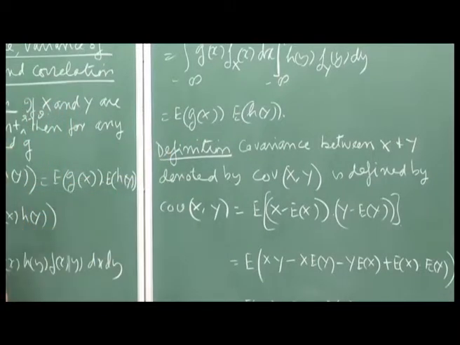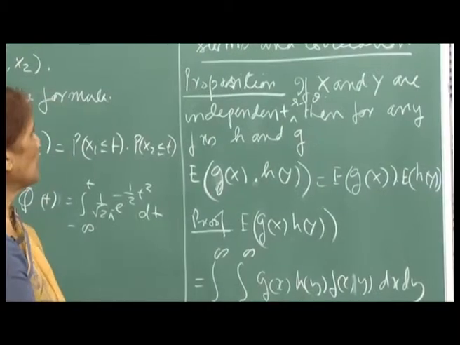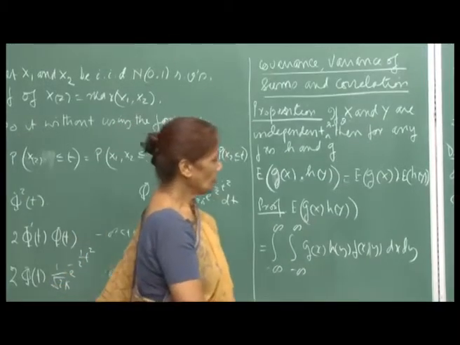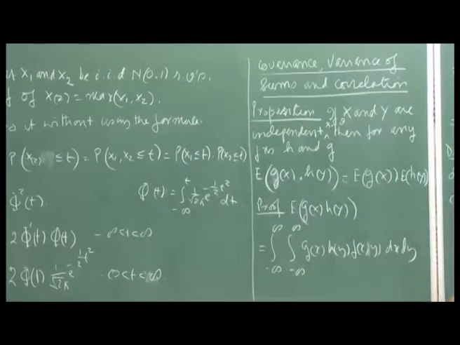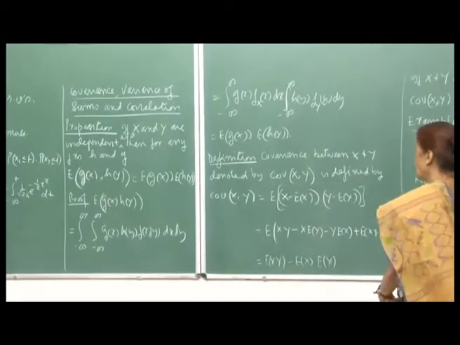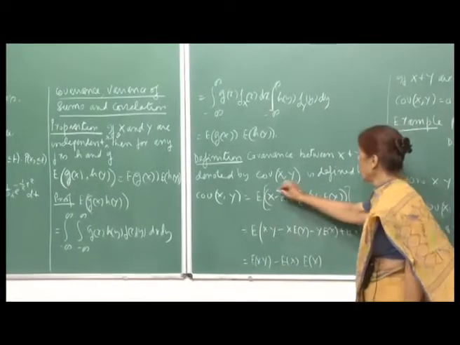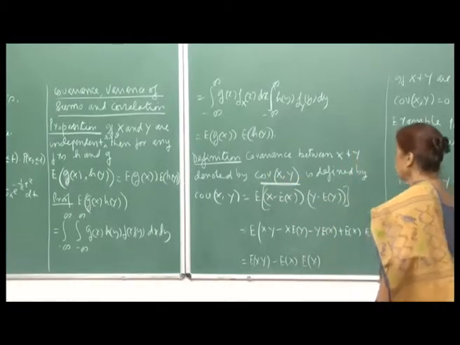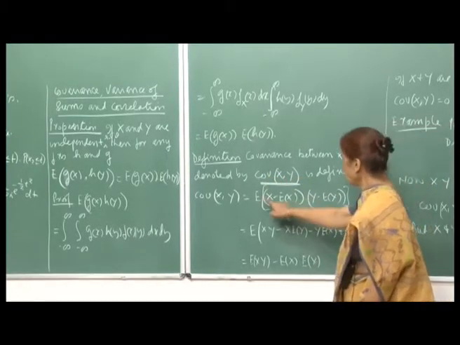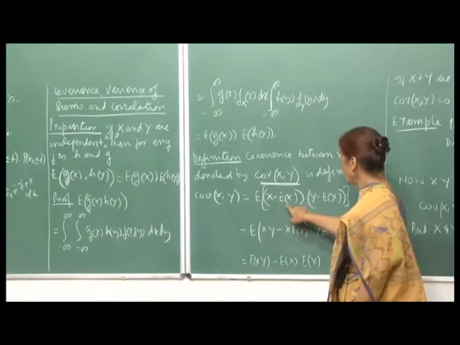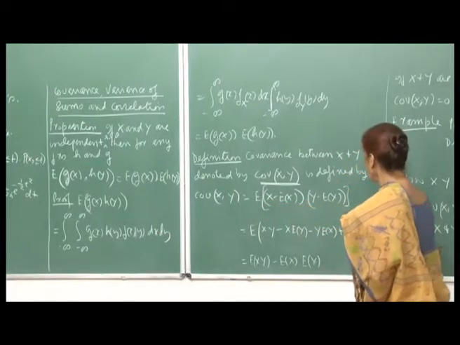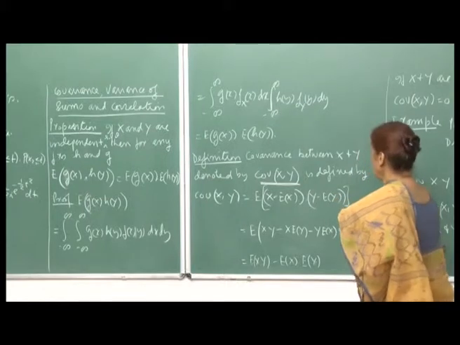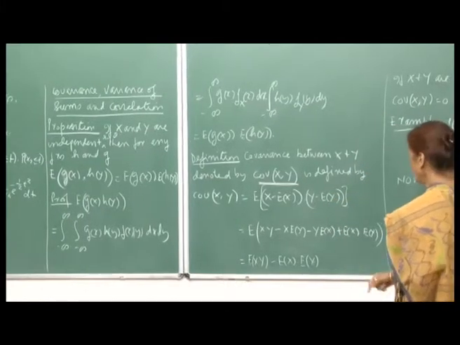Once we have that behind us, we can now define, first of all, the covariance. The covariance between two variables X and Y is denoted Cov(X,Y), and is defined as the expectation of (X minus E[X]) times (Y minus E[Y]).